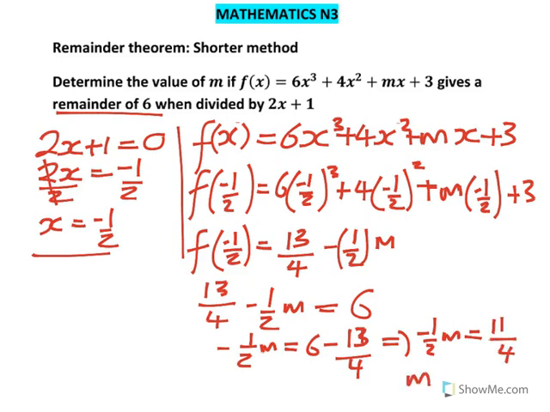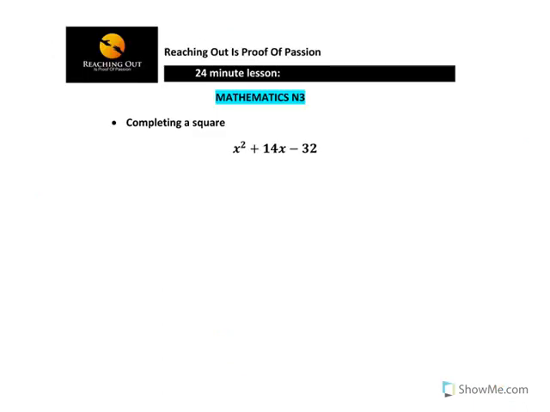If you now find it, m therefore will be equal to, I'm using my calculator, negative 11 over 2 as the value of m. So that's how you solve it.